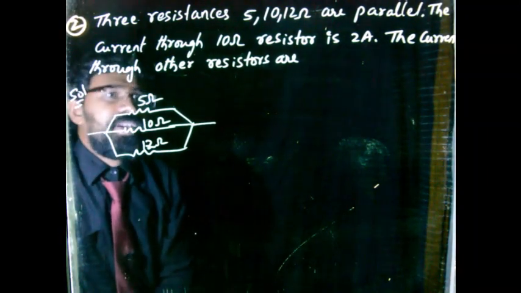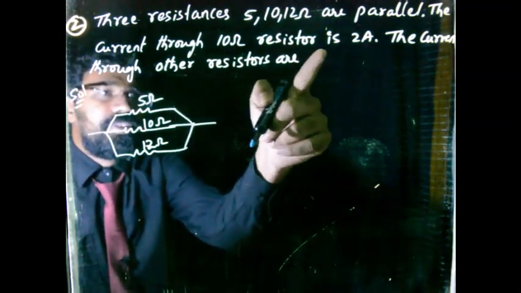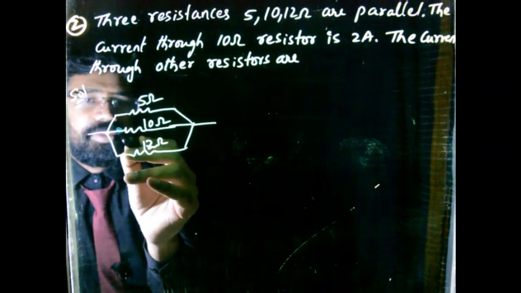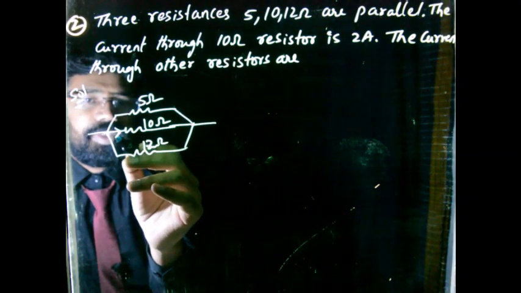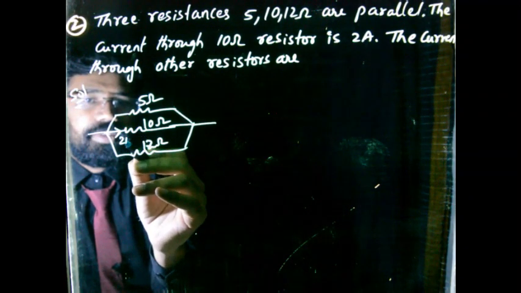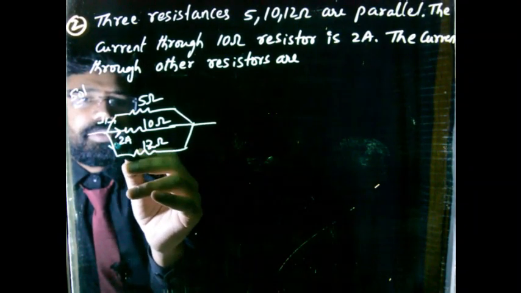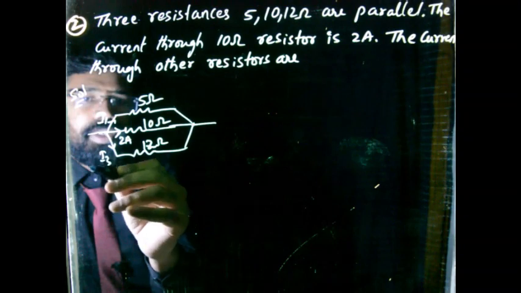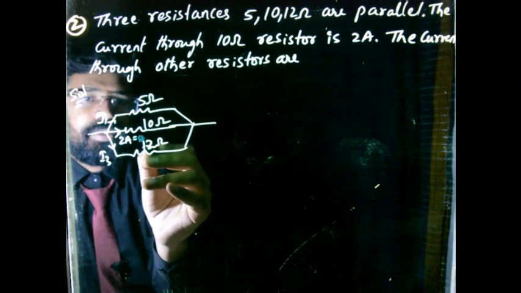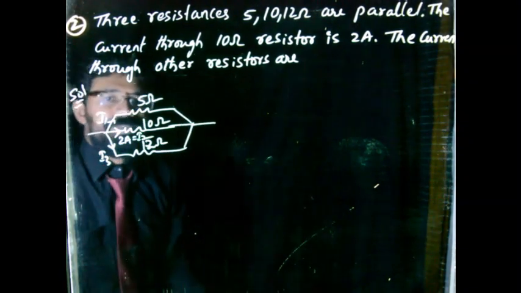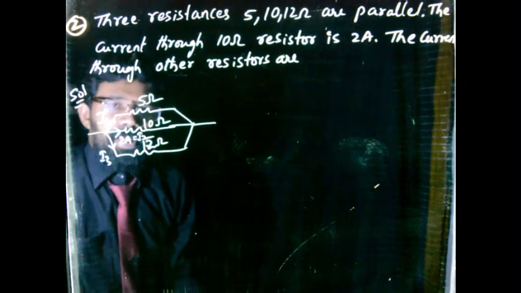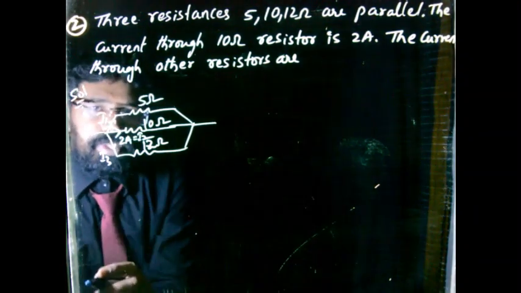And it was mentioned that through the 10 ohm resistor, a 2 amp current is flowing. So I'll take this as I1, this as I3, and this is our I2. Now let us try to find out what I1 is.